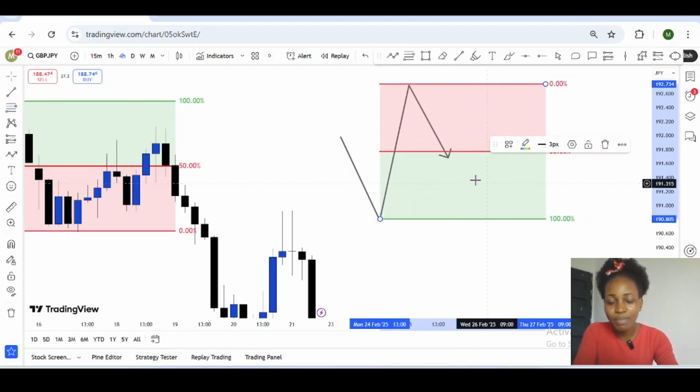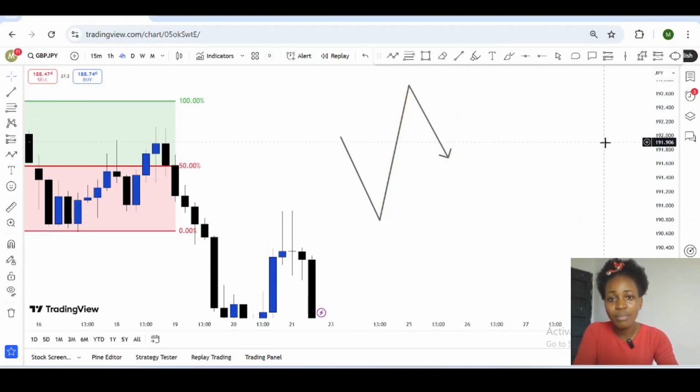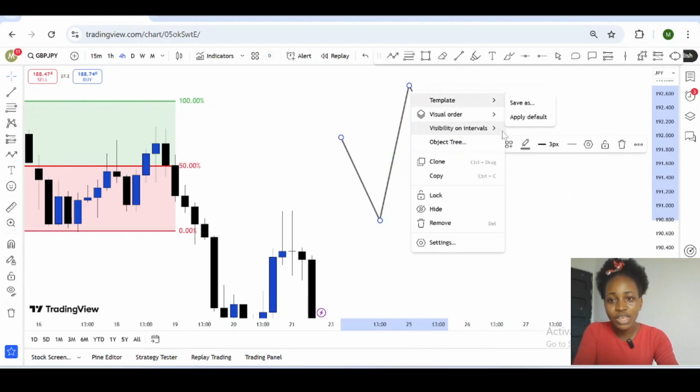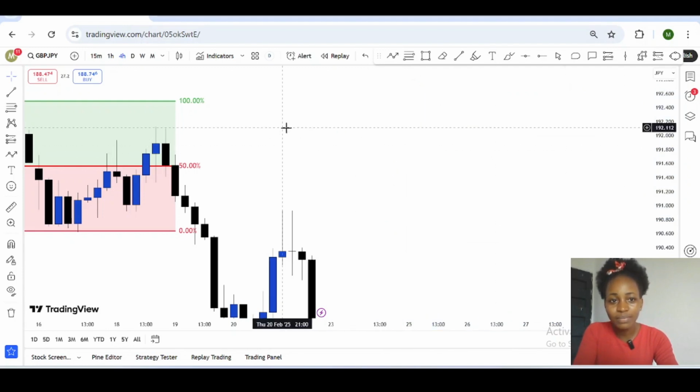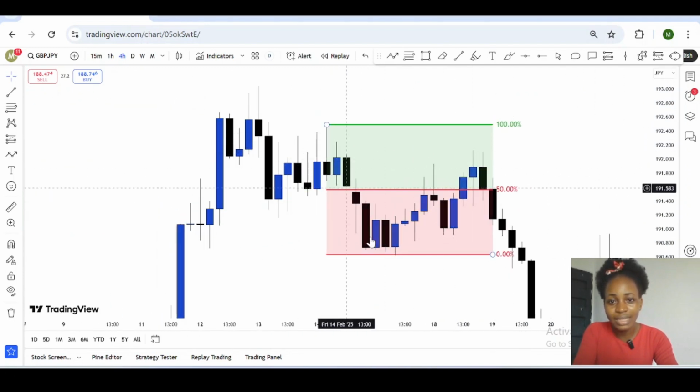So this down part here is what is called a discount, if it's to the upside, if you are seeing a series of higher highs and higher lows pointing to the upside. I don't know if this makes sense, but if you are identifying your swing to the downside like this, this is premium. But if you're identifying your swing to the upside, the one down is called a discount.